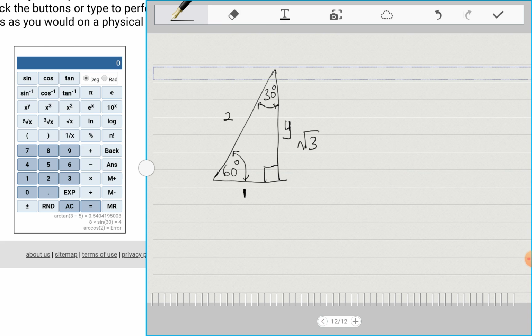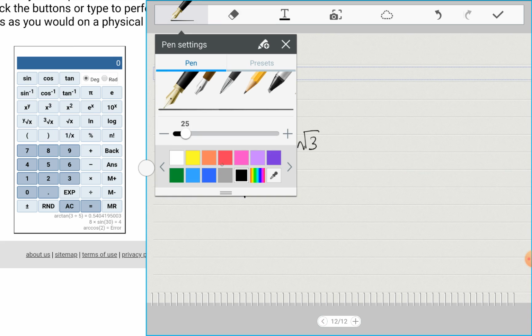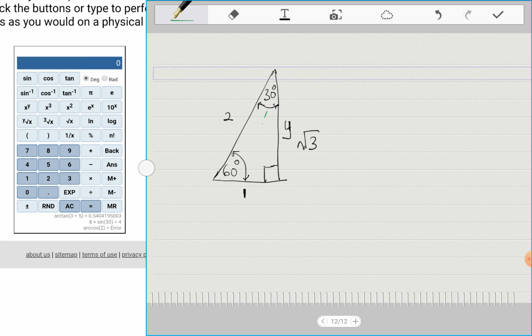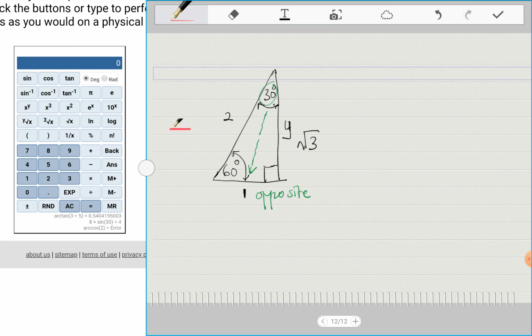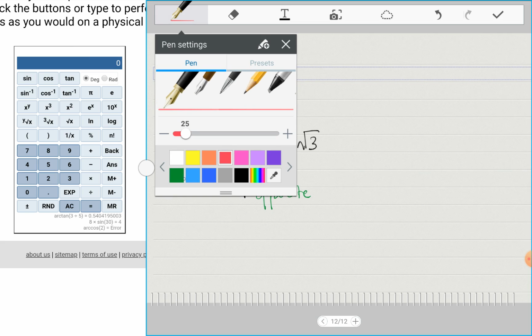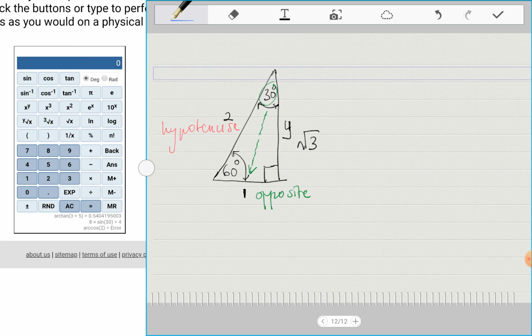Using 30 as my main angle, the side opposite to 30 is over here. So this would be my opposite side, and my hypotenuse would be the same. That hasn't changed, but the opposite and adjacent have switched over. So this would be my new adjacent.